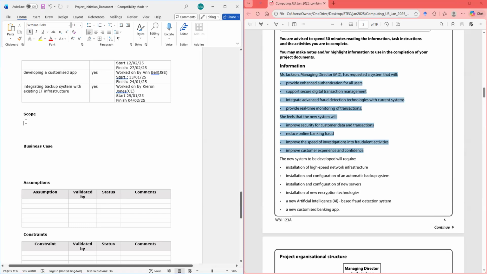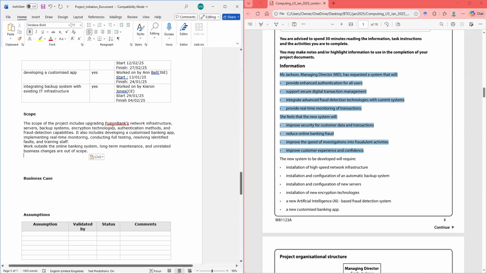You can copy it over to make it easier, but you need understanding. The scope of a project includes Fusion Bank network infrastructure, server, and backup system. This is what it's doing. Upgrading Fusion, but all of these capabilities, that's what the scope is. It includes developing a customized banking app, implementing real-time monitoring, conducting full-time testing, resolving identified faults, and training staff. I just made it concise.